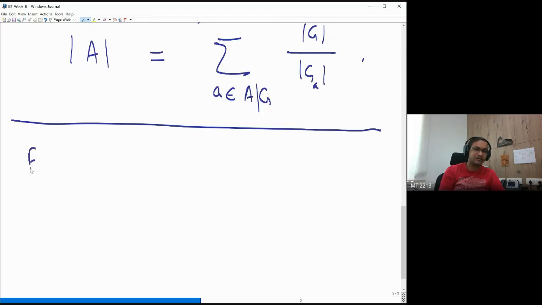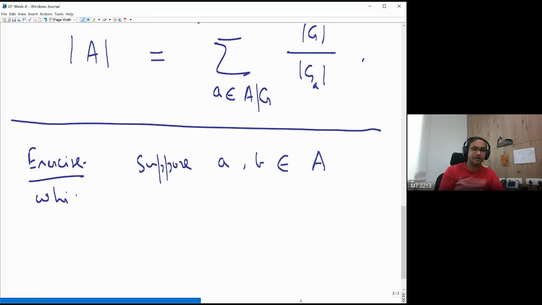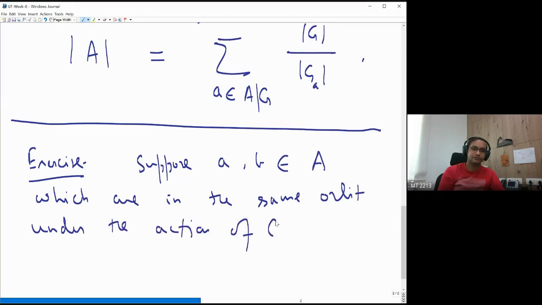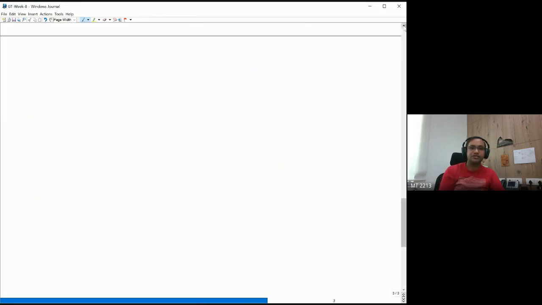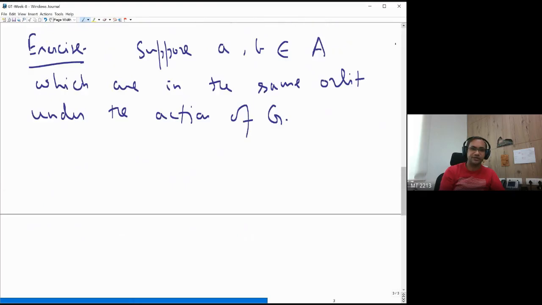It is the following: suppose a and b are two elements in A which are in the same orbit under the action of G. Then what can you say about G_a and G_b, the stabilizer of a and the stabilizer of b?